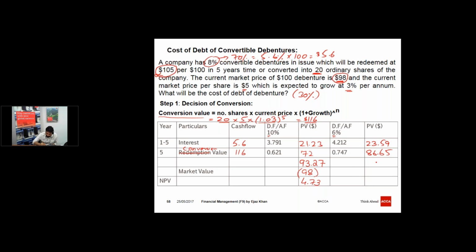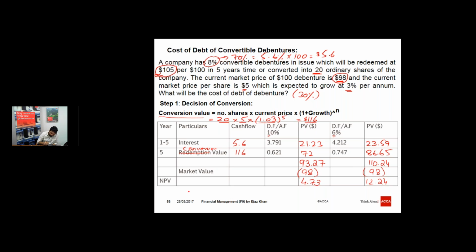So it's 110.24. Then we have value of investment equal to 98. So the net present value will be 12.24.